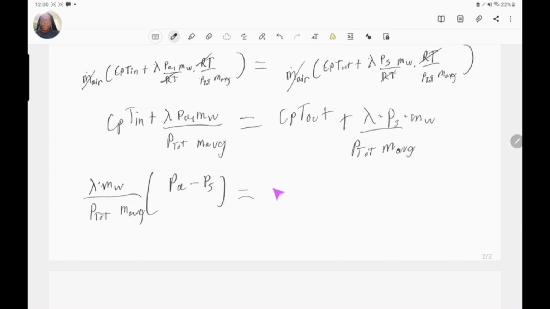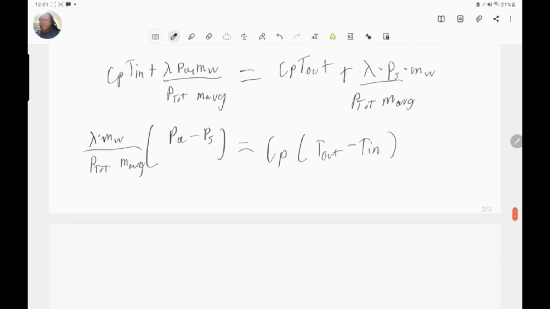And then that'll be equal to CP times T in minus T out. Excuse me, that will be our T out minus T in.